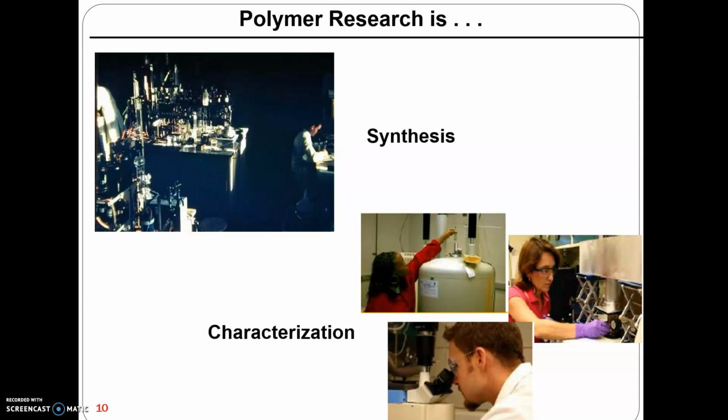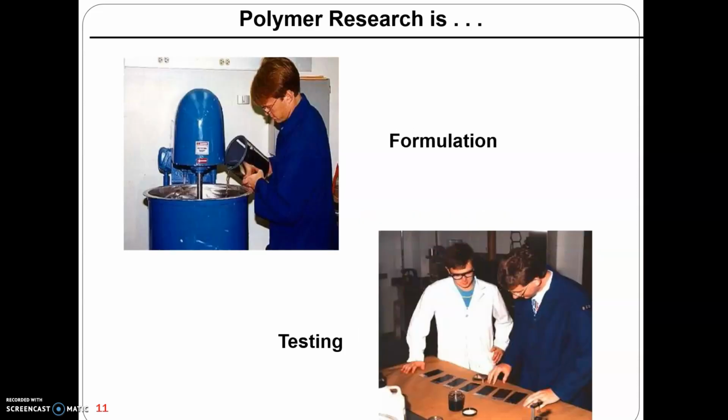We need characterization to confirm that we get the material that we are looking for. So we have to make structural, thermal, mechanical characterization, etc. After the characterization, we have to go to the formulation, meaning the usage of such polymer material in the application formula.